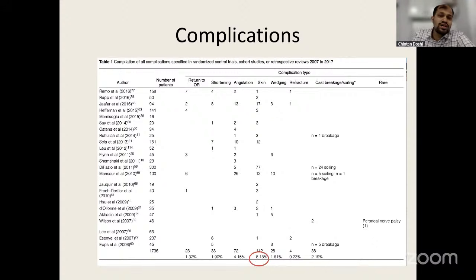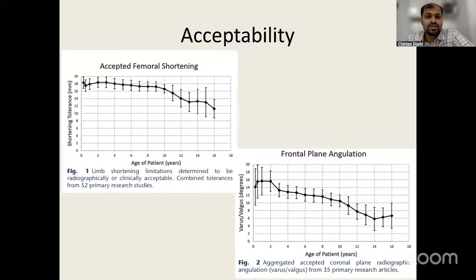These are more than 1,000 cases, a systematic review of multiple literature from 2000 to 2016 that they have looked into, and it is pretty much okay to accept this kind of complication if it is less than 1%.